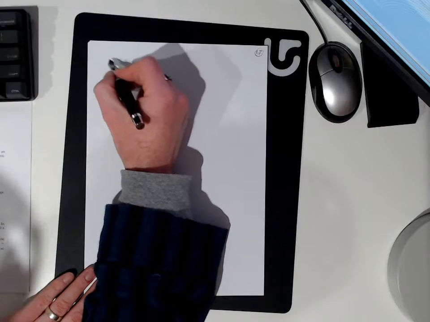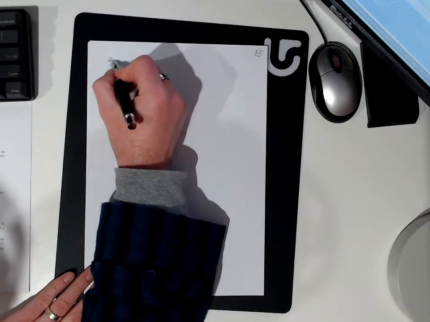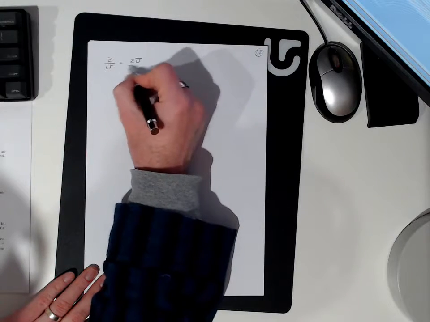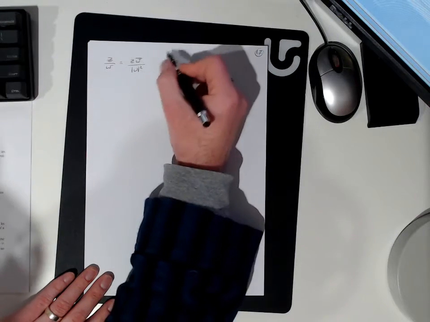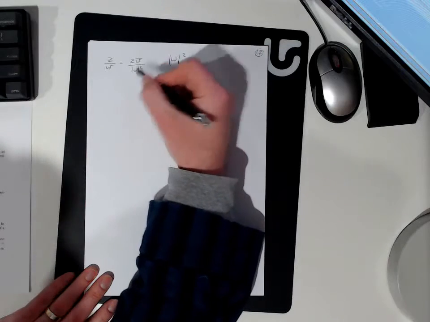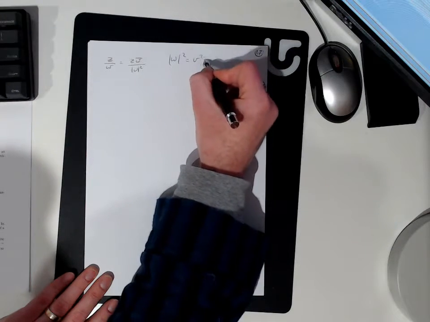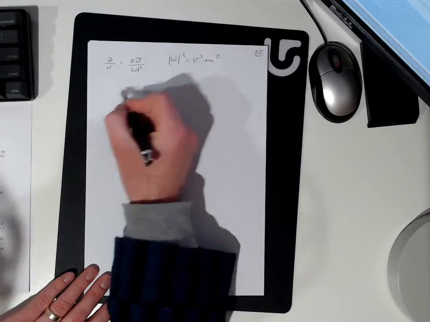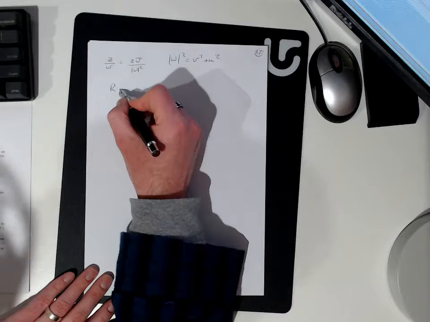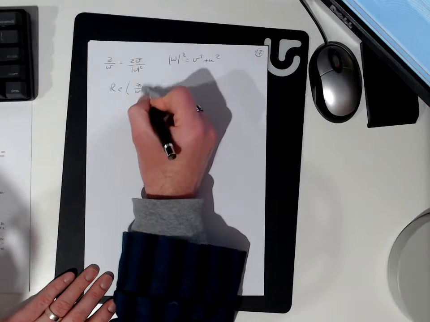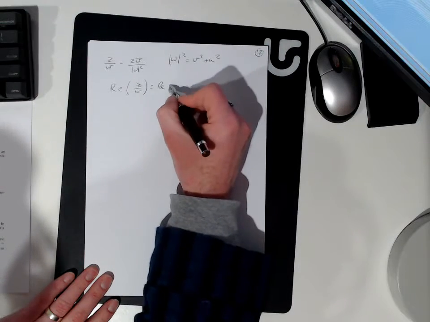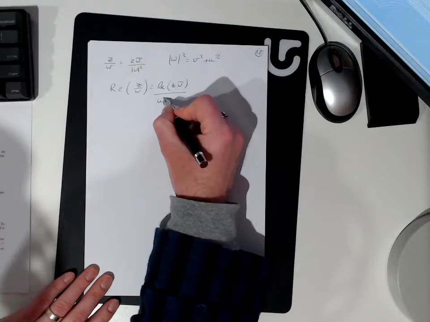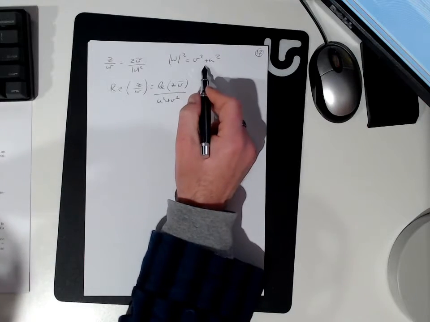Okay, so to start off with, we know that z over w is equal to z times w bar over the modulus of w squared. Now the modulus of w squared, we know that this is u squared plus v squared from earlier on. So we know that the real part of z over w is equal to the real part of this product divided by u squared plus v squared, because u squared plus v squared is real.